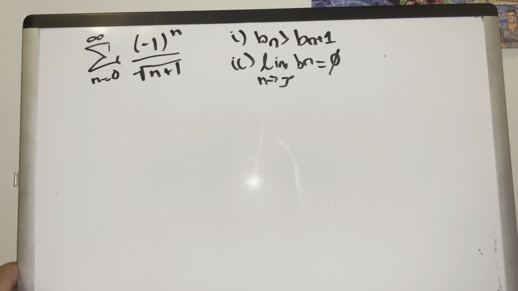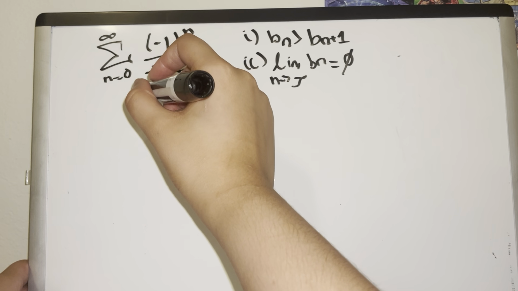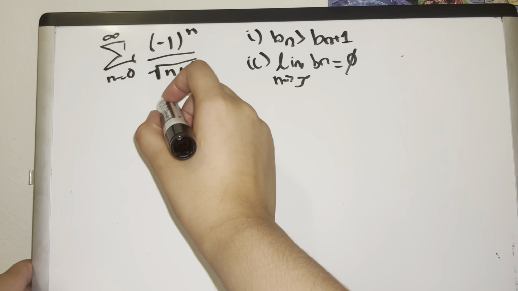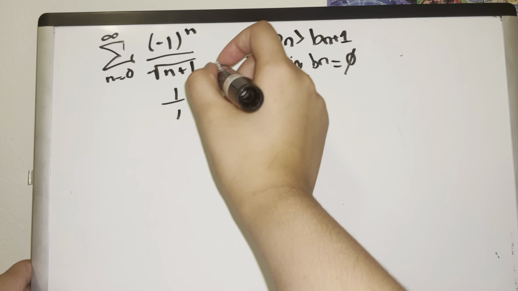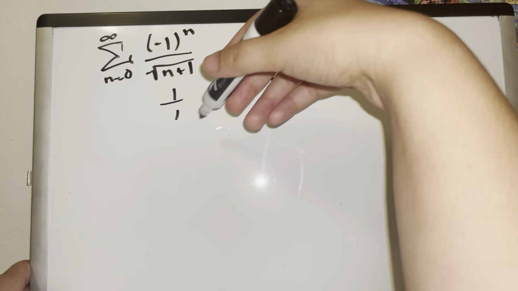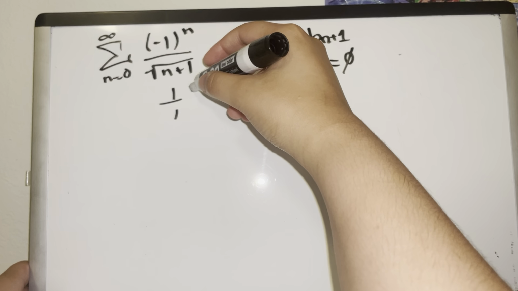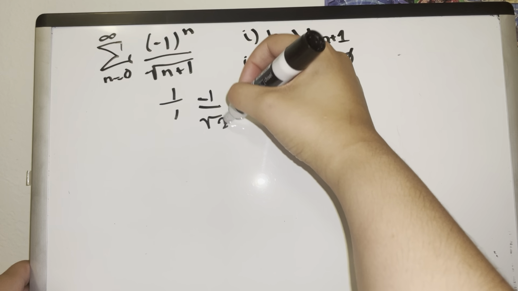So let's plug in some points here. If we plug in 0, we're going to get 1 over the square root of 1, which is 1. If we plug in 1, you would get 1 over the square root of 2.